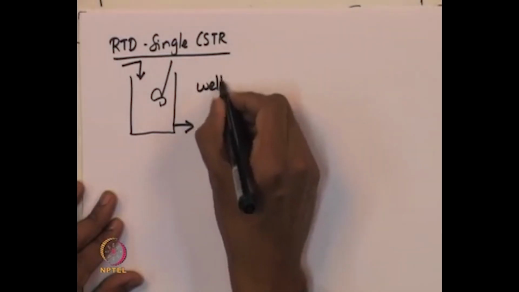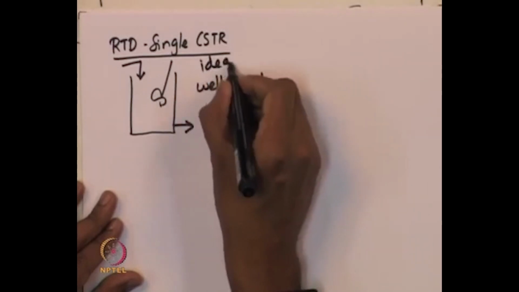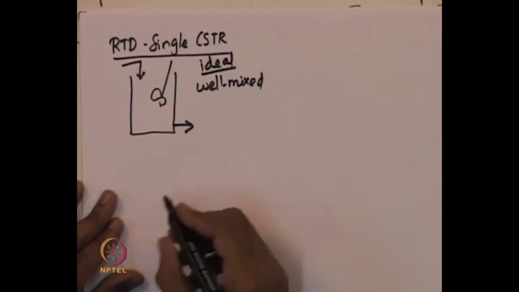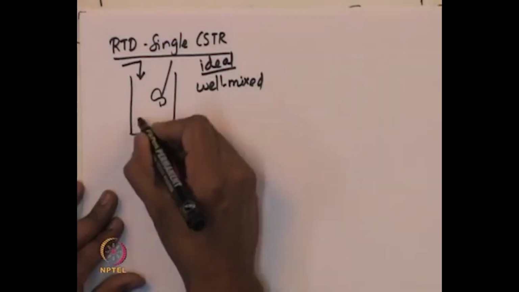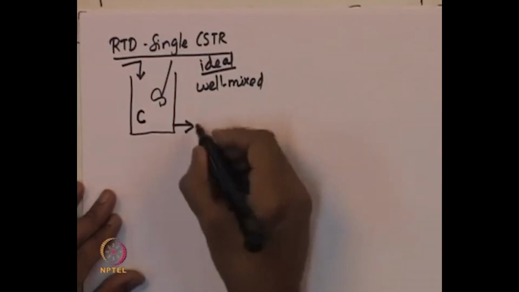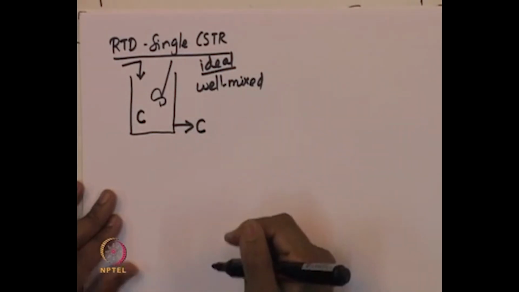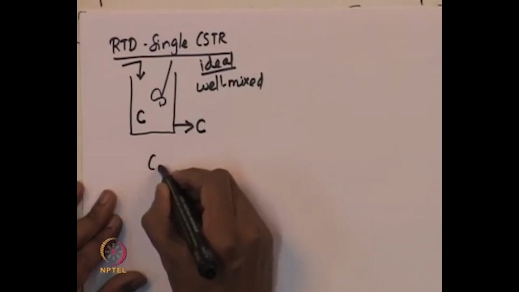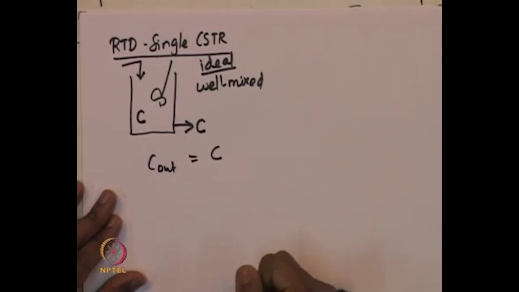The CSTR is well mixed, and it is assumed that it is an ideal CSTR, and therefore, it is a completely well mixed system. Because it is completely well mixed, the concentration of the species inside the reactor should be equal to the concentration of the species in the effluent stream as well. Which means that the outlet concentration is equal to the concentration of the species in the reactor.